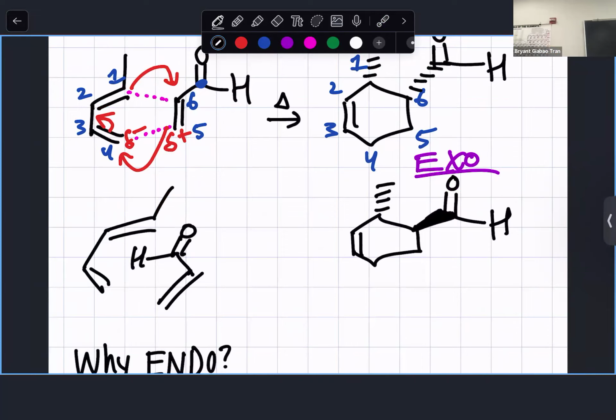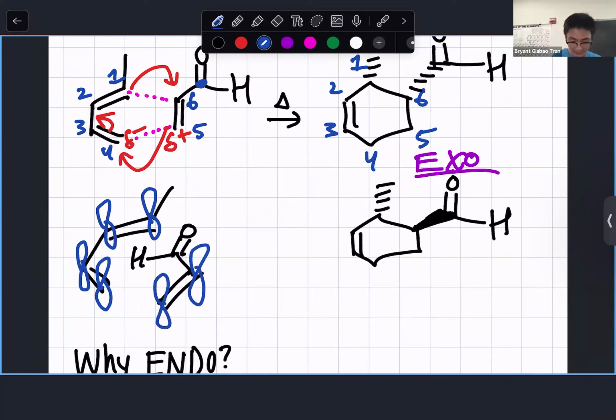We see that there are p orbitals all around this conjugated system, p orbital here and p orbital here as well, right? Also, notice how the electron withdrawing group, this is an sp2 atom, this is an sp2 atom. If these are sp2 atoms, they also have p orbitals like that, right?